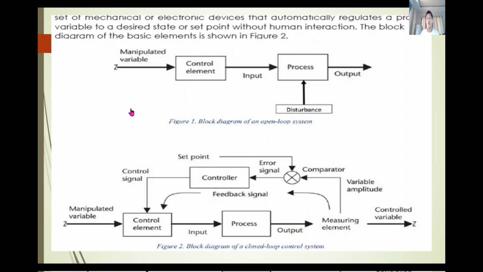So in an open loop system, we have a manipulated variable, we have a control element, we have the input, process, disturbance, and output. So what is manipulated variable?